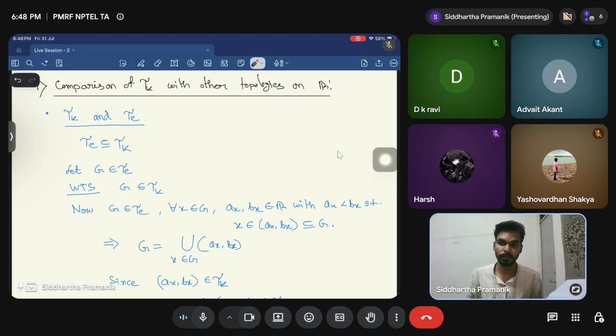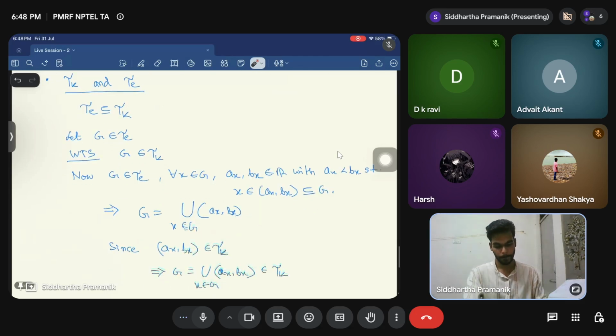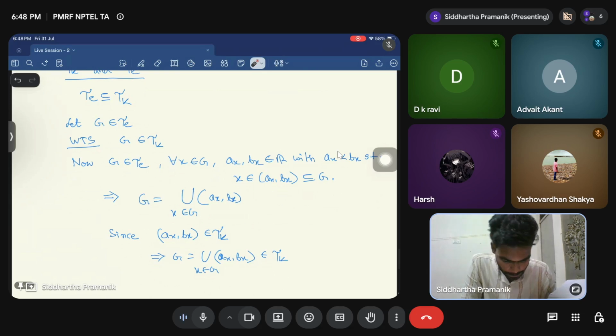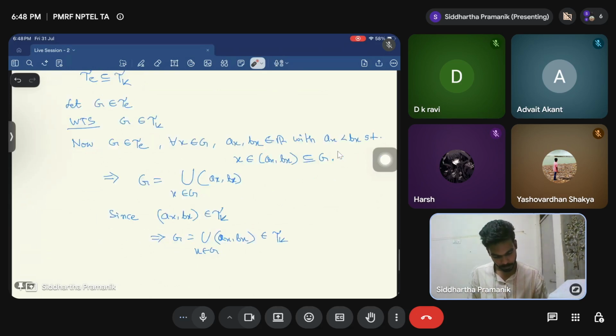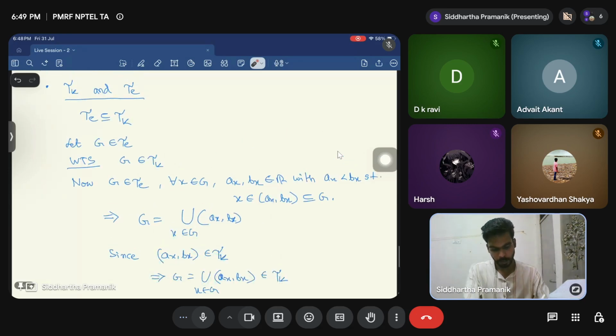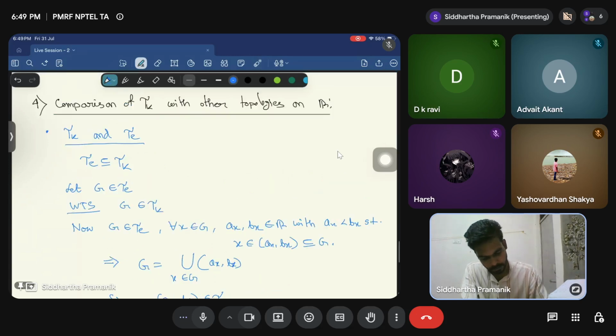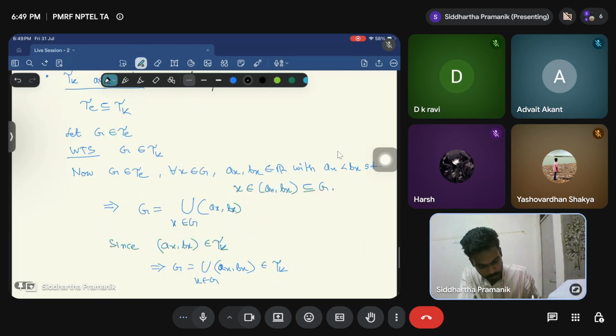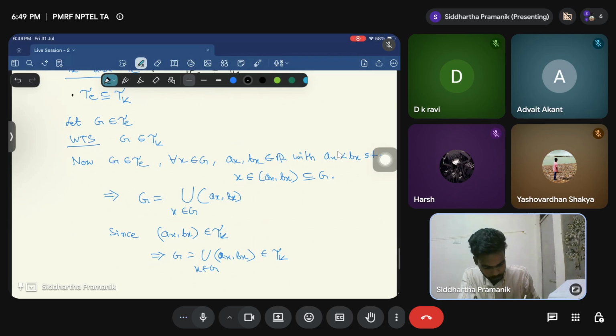But can we say something more? In fact, tau e is strictly coarser than tau k. And why? This is the first part, and now the second part.